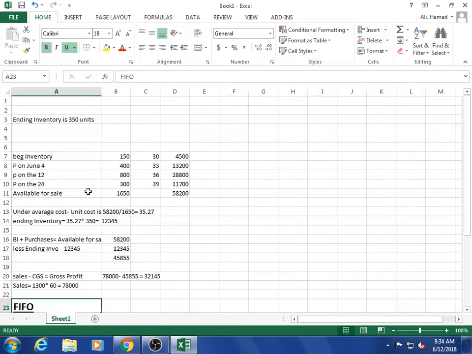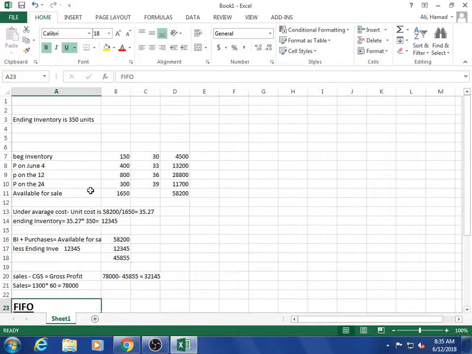Now under LIFO, the sales are going this way. The last thing we get in must be sold first. So first we have to sell the 300 units, then the 800, then the 400, then the 150. So last in, first out. We start from the bottom, going up.